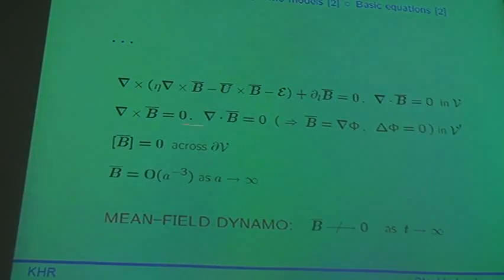You assume that there is no jump of the components of B across the boundary. It is quite clear for the normal components. It follows from divergence B equals 0. And for the other two components it implies the assumption that no surface currents exist. And again, this behavior of B.